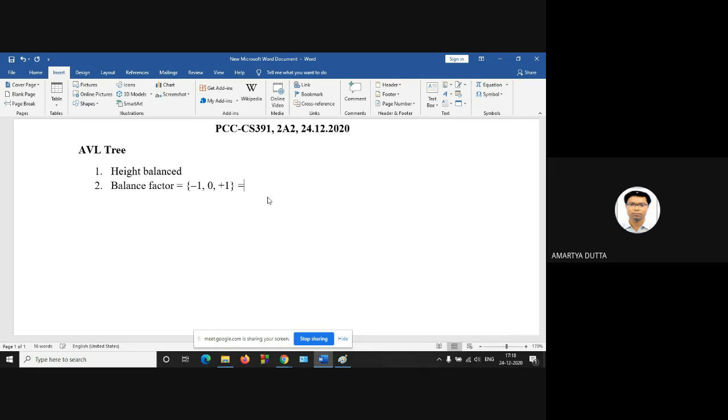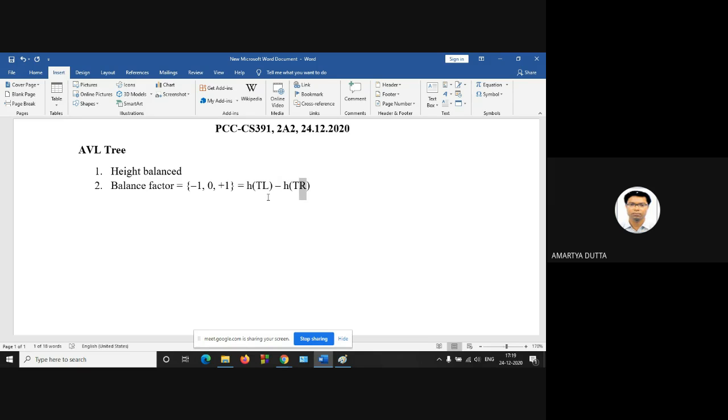Now, the balance factor is defined as the difference of the height of the left subtree and the height of the right subtree. So it is defined as the height of your tree's left subtree minus the height of its right subtree.